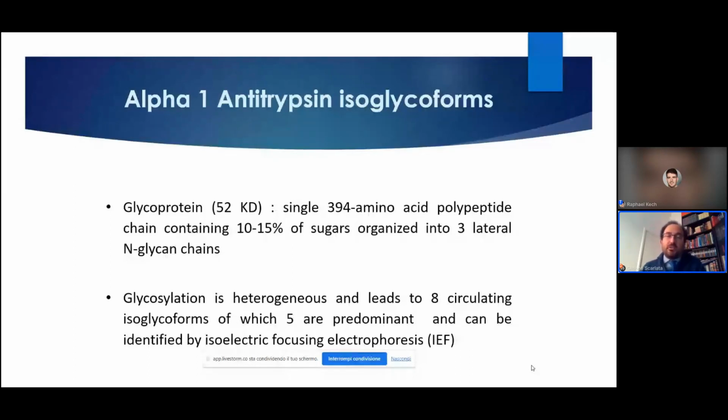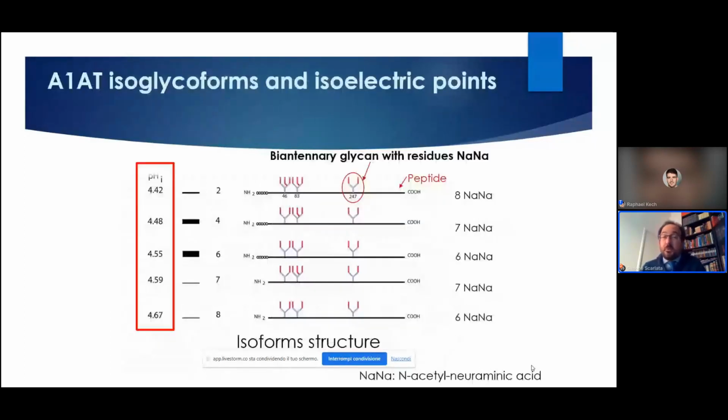And we should be aware that glycosylation in this case is a quite heterogeneous condition that leads to 8 circulating isoglycoforms of the protein. And this is very important, as you know, that each isoglycoform carries a different isoelectric point.